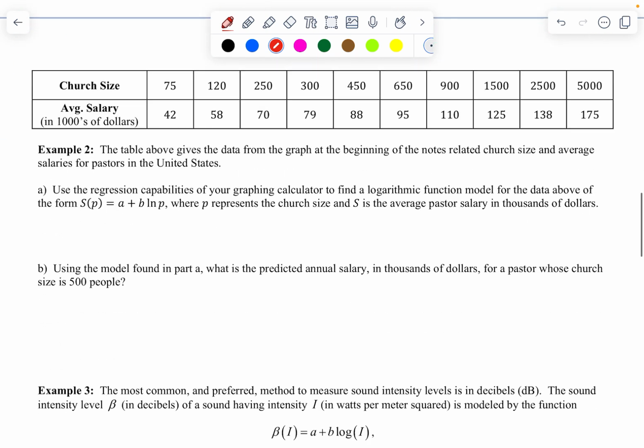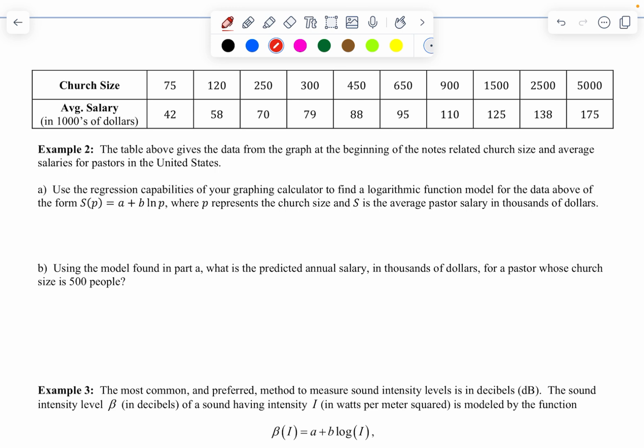All right, moving on. Next up, you're going to need your calculator out. Now, unfortunately, I don't have a TI Inspire on this computer to show you, so you're going to follow along with my words. So here is a table for the church size and the average salary of that original graph, okay?